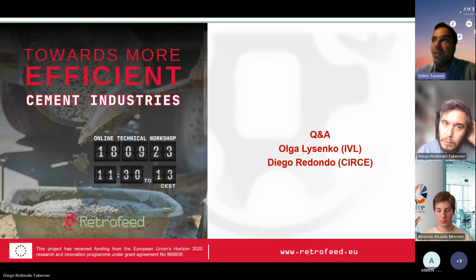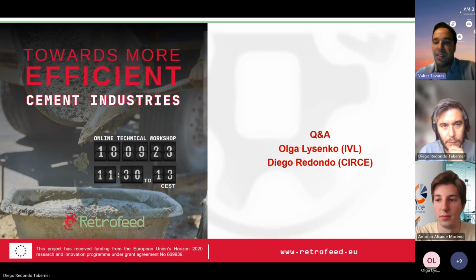Thank you, Diego. Yes, we have some legal constructions. Each plant has an environmental permit that indicates all the types of RDFs that we can receive in our plants.